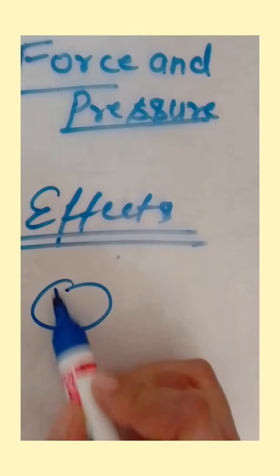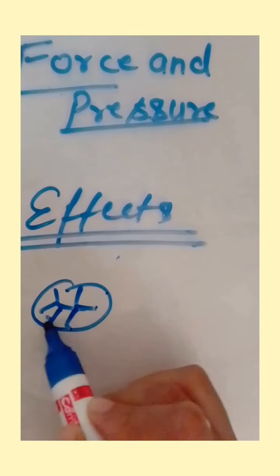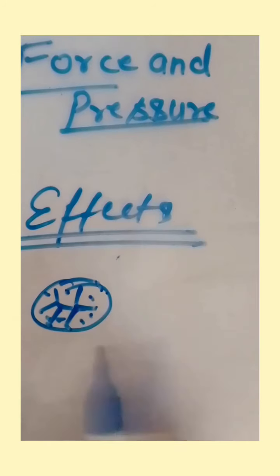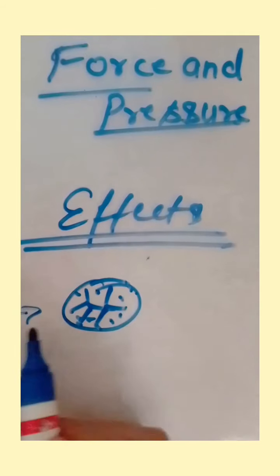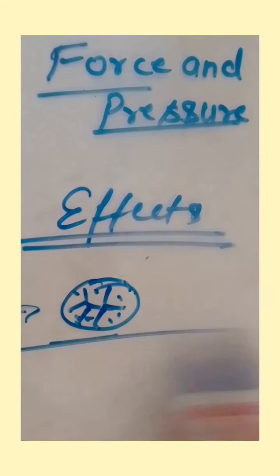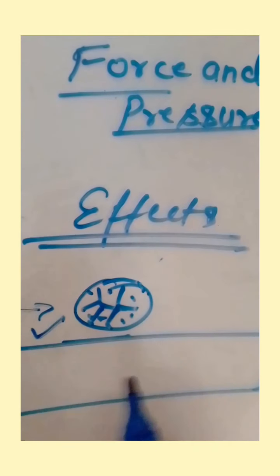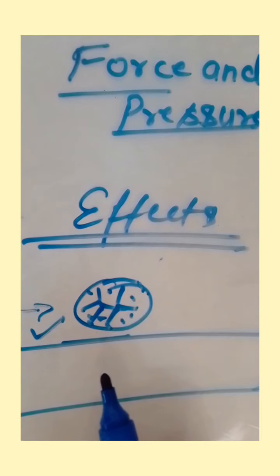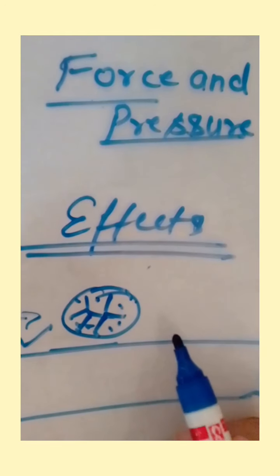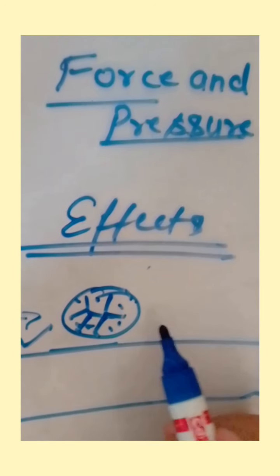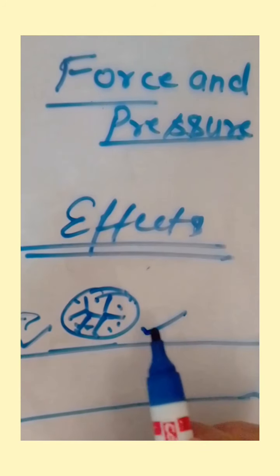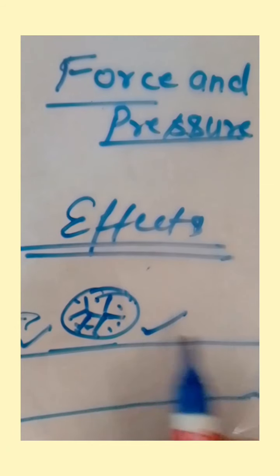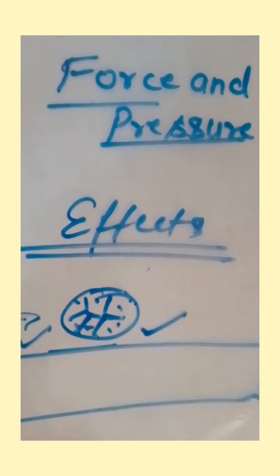Simply we have a ball, and if we just push it from one side, from here, then what will happen? For example, this is a table and the ball is placed here, and from this side we apply force. What will happen? Speed will increase. What you observe, that there will be change in the speed of the ball. Right?